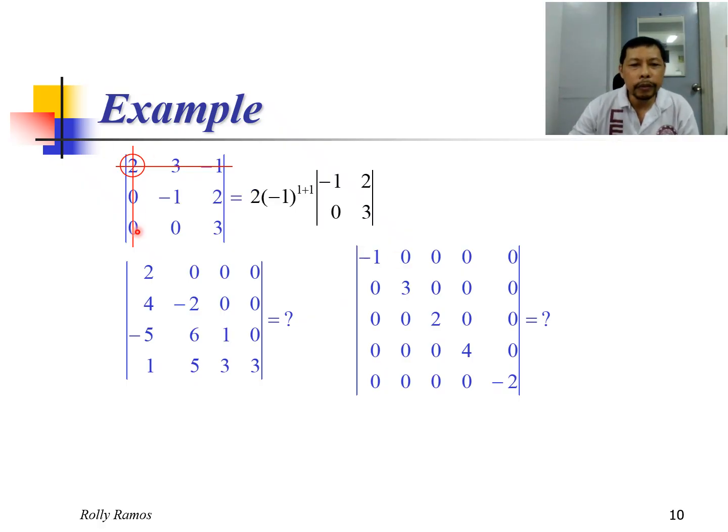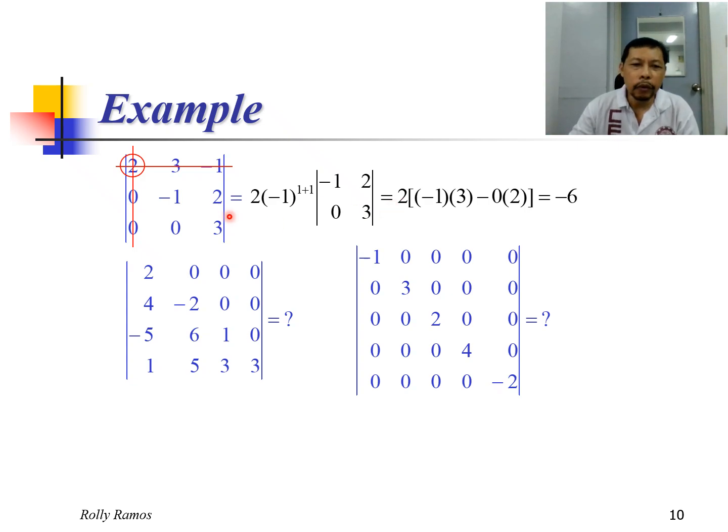By cofactor expansion, expanding about the first column, the determinant would be 2 times the cofactor of this element, which is 2 times -1 raised to 1 plus 1 times the determinant of -1, 0, 3, and that is equal to -6. If we apply the previous theorem, we just simply need to multiply these elements. 2 times -1, which is -2, times 3 is -6, which is the same as the value we obtained using the cofactor expansion.